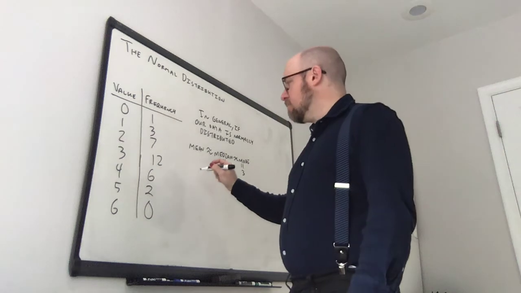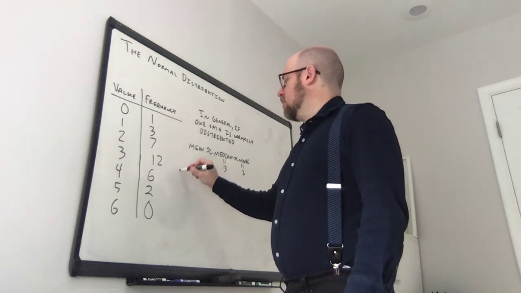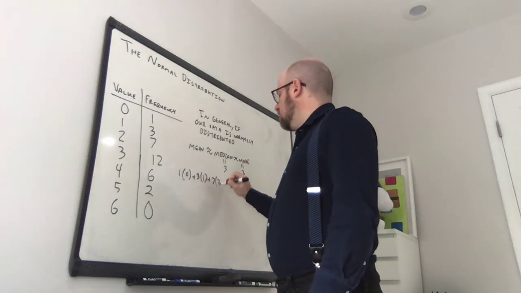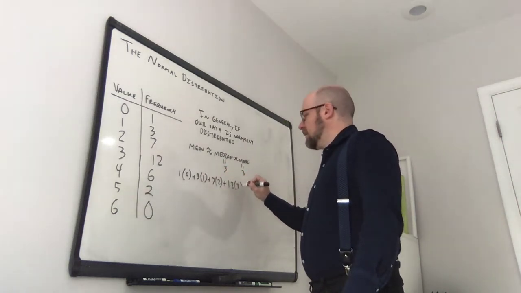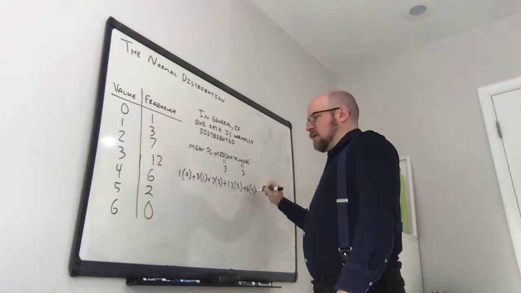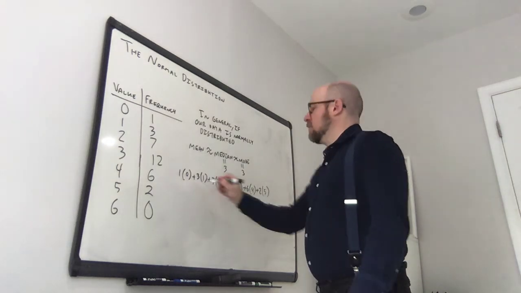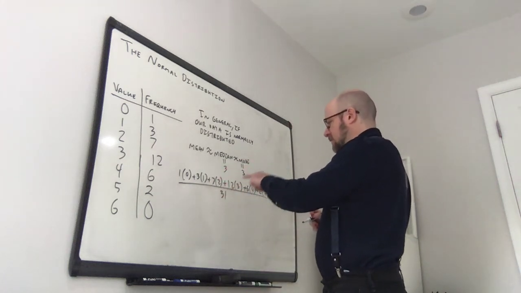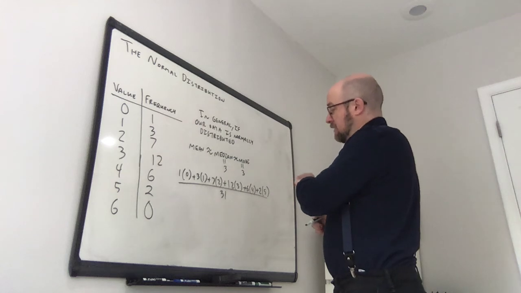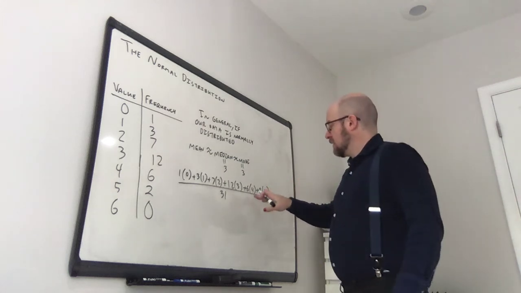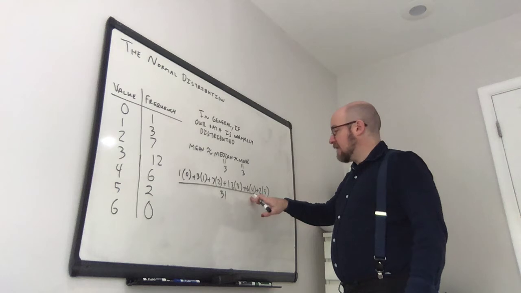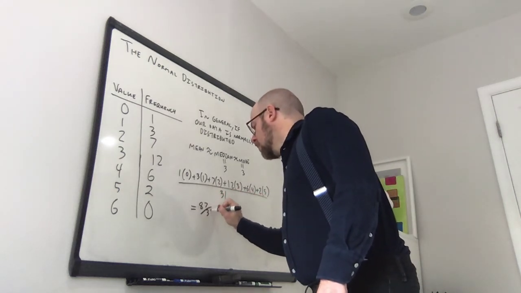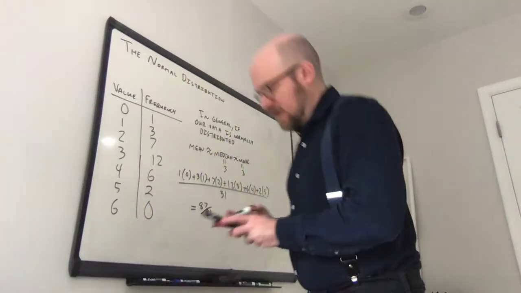And if you calculate the mean using the frequencies, 1 times 0 plus 3 times 1 plus 7 times 2 plus 12 times 3 plus 6 times 4 plus 2 times 5, all divided by 31, we get 87 divided by 31.